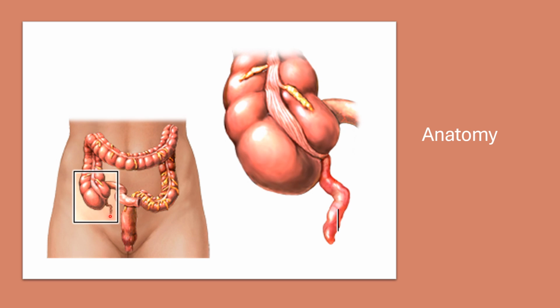Normally it's a small, worm-like shape at the end of the cecum. Here we have the small intestine, and this is the colon: ascending, transverse, and descending. The ascending colon is located on the right side of the body.